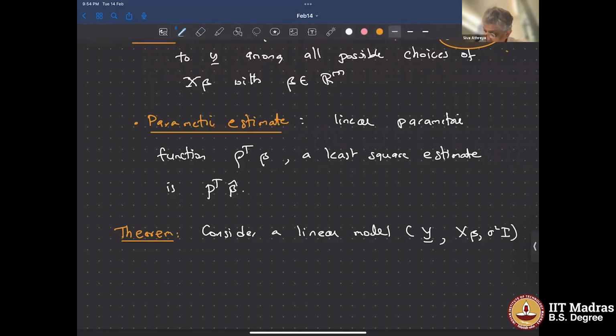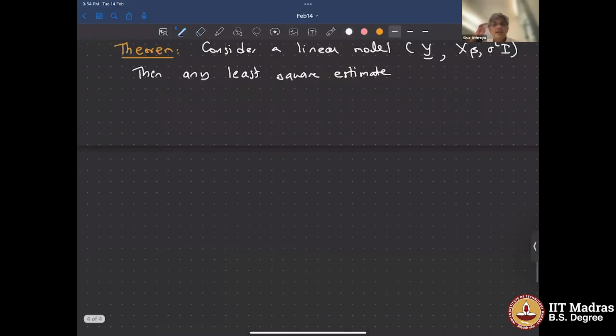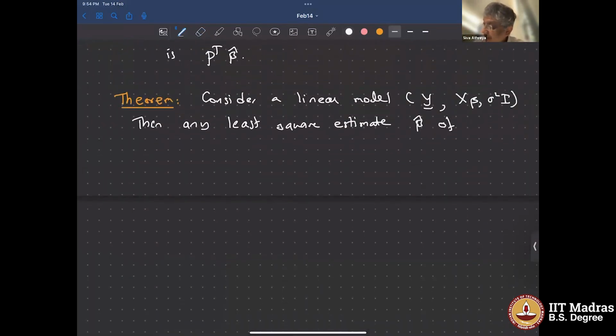And it's a nice theorem. It doesn't say a least squared estimate always exists. All it says is the following. Then any least squared estimate beta hat of the parameter beta, that is the one that minimizes the L2 distance from y of x beta, satisfies x transpose x beta hat is equal to x transpose y.